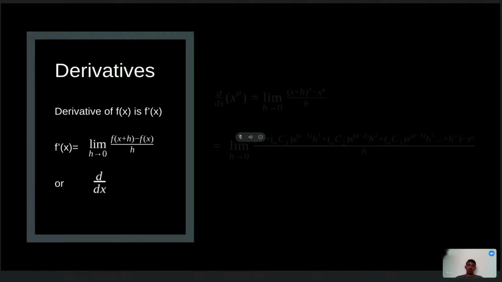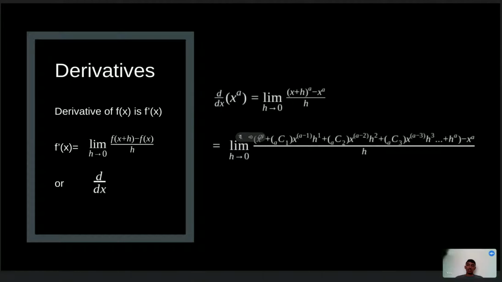Okay, let's start. So we want to take the derivative of x to the power of a. So we can write it like this: x plus h to the power of a minus x to the power of a, divided by h.